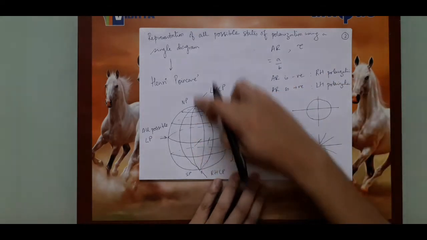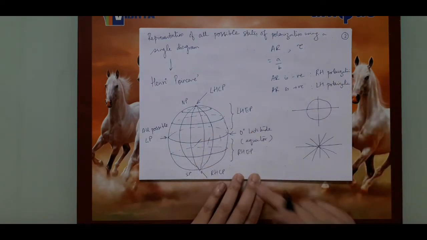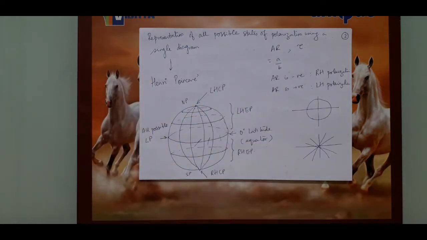So if you are going further north from the equator, you will get left hand polarized. If you go south from the equator, you will get right hand polarized. So that is how Poincare had represented, in the form of a globe, all the possible states of polarization.